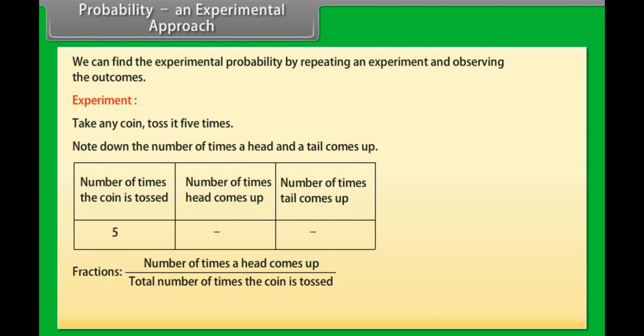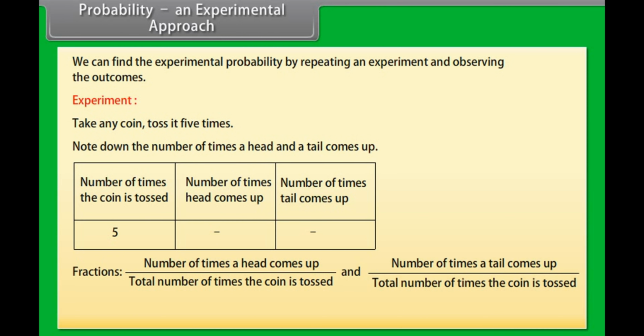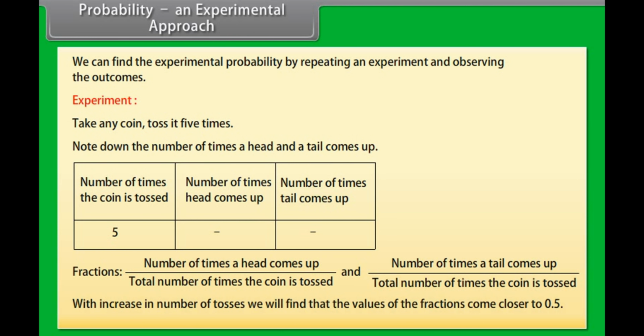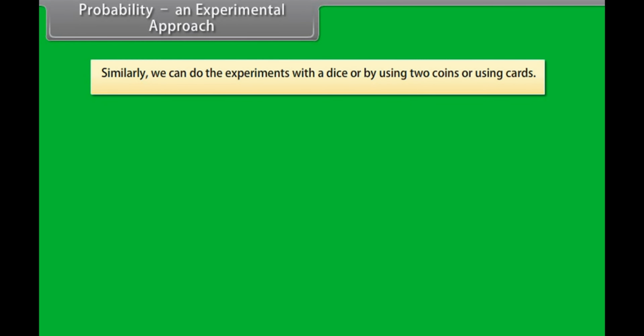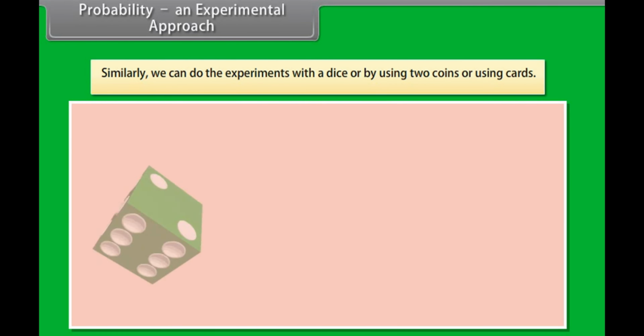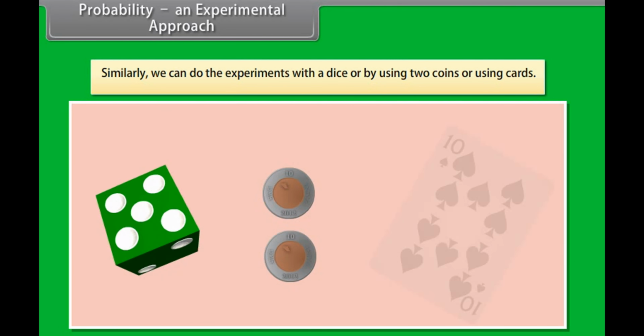First one is number of times a head comes up upon total number of times the coin is tossed, and the second one is number of times a tail comes up upon total number of times the coin is tossed. As we increase the number of tosses, we will find that the values of the fractions come closer to 0.5.